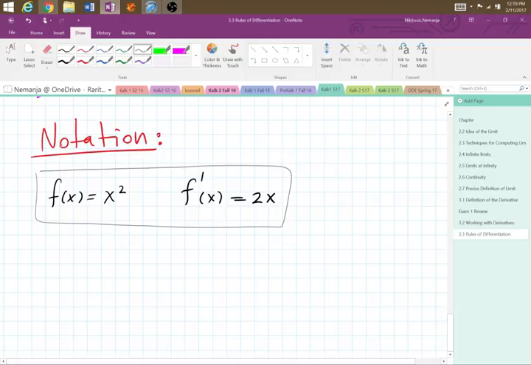You can also say y is x squared. Sure, we also have dy dx notation as a derivative, and it's going to be 2x. Again, a completely separate expression which says the derivative is. The first one is close to Newton's notation. Newton used to put a dot above the function to denote the derivative.